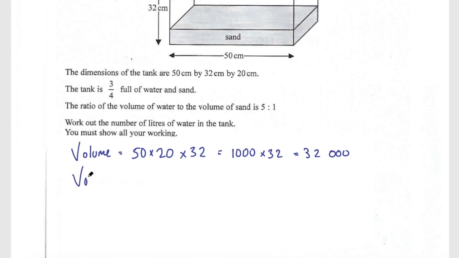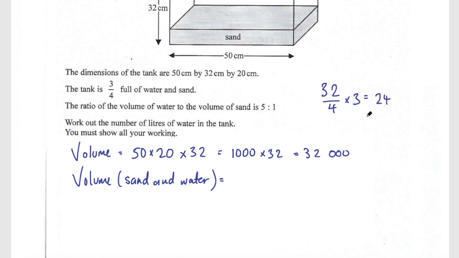So the volume of water and sand altogether is going to be 3/4 of 32. Well, if we think of 32 divided by 4 times 3, 32 divided by 4, that's 8, times 3, that's 24. So altogether, the volume of sand and water is 24,000.